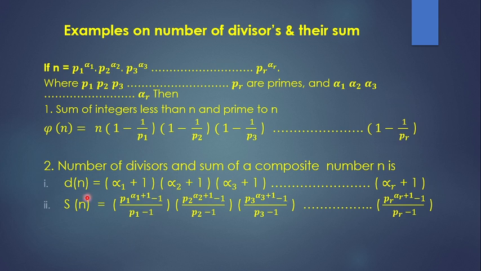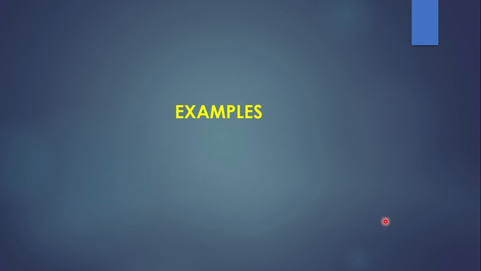And here S of n represents the sum of divisors of a composite number n, given by p1 raised to alpha 1 plus 1 minus 1 divided by p1 minus 1, and so on, continuing for the rth term as pr raised to alpha r plus 1 minus 1 divided by pr minus 1. So we'll see some examples depending on those formulas.